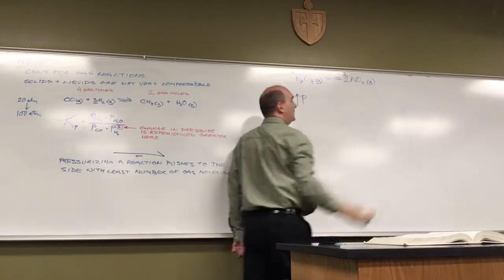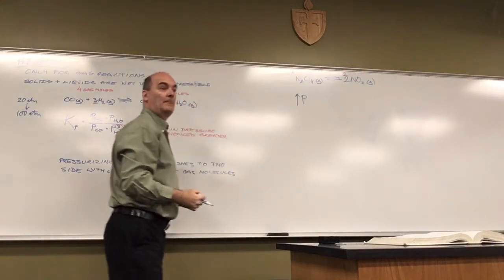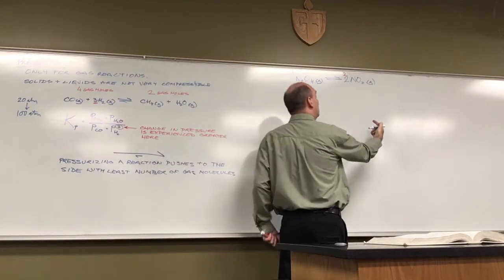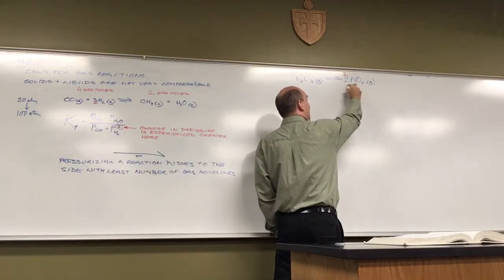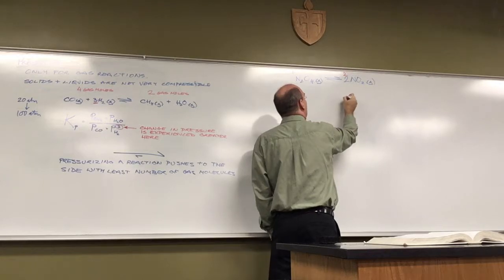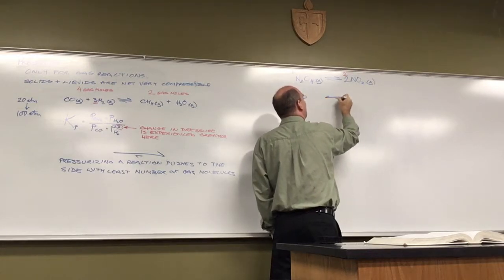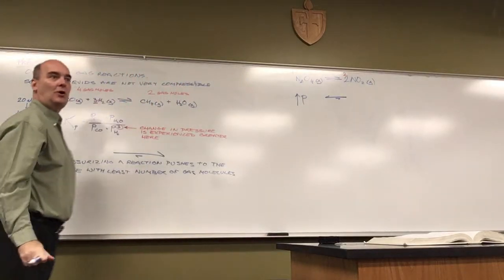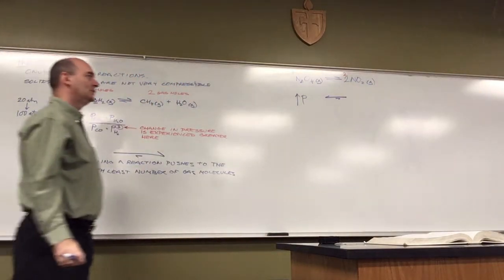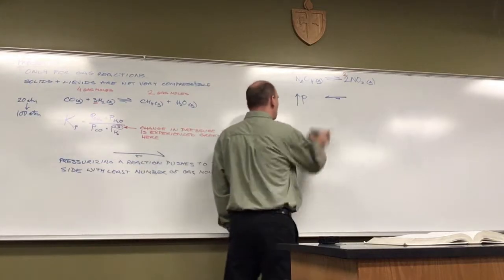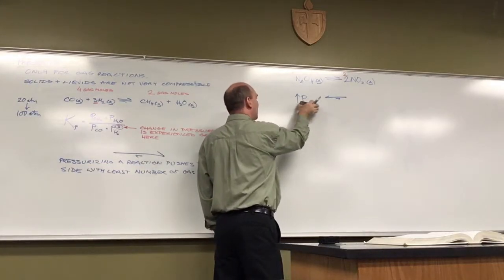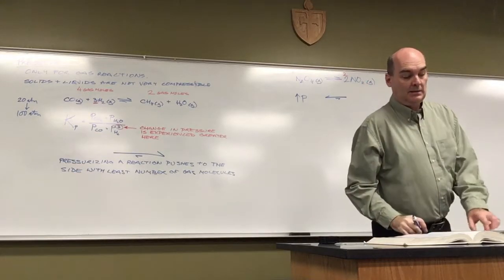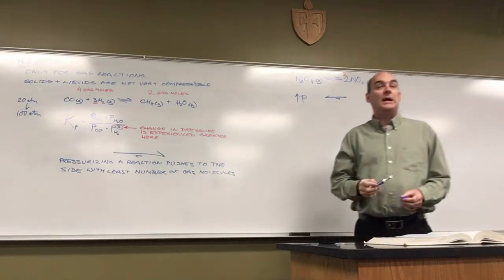I have two gas molecules on the right. The equilibrium position shifts, because the right side will be experiencing the pressure more, and the equilibrium will shift to the left to compensate for that. So every time you try to do something to a process that is in equilibrium, that equilibrium fights back.